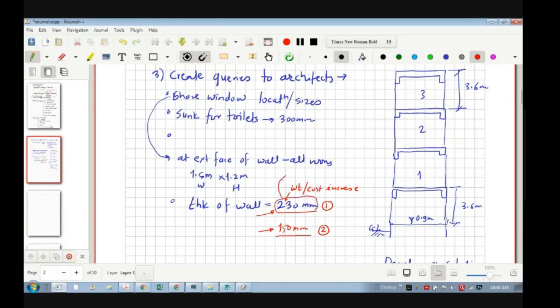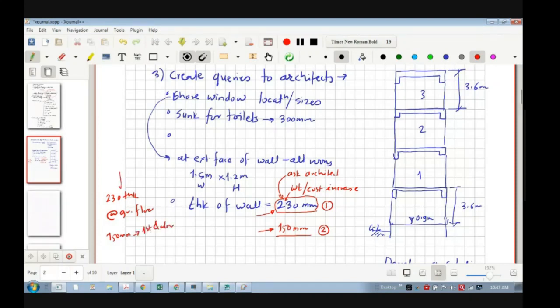Yes sir, better to ask architect first thing. अभी इसमें एक्चुअली वैसे कुछ नॉर्म नहीं है थिकनेस ऑफ वॉल का फॉर एनी बिल्डिंग्स. Previously, before, we can say some 20 years or 30 years, generally people used to take 230 mm thickness at ground floor, okay, and then 150 mm thickness above, मतलब first floor and above.